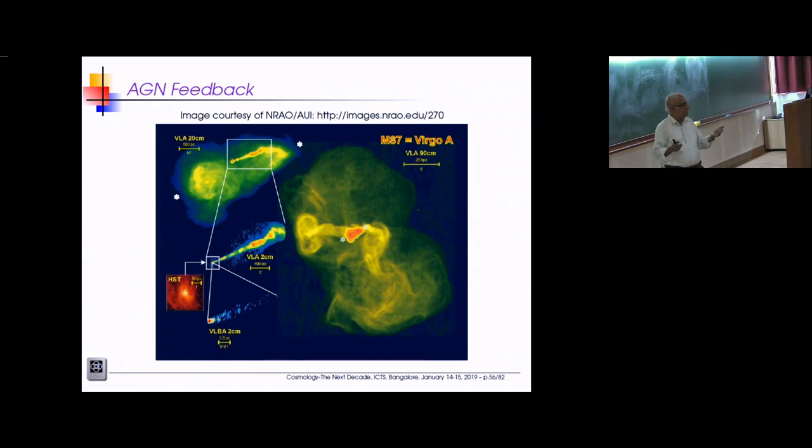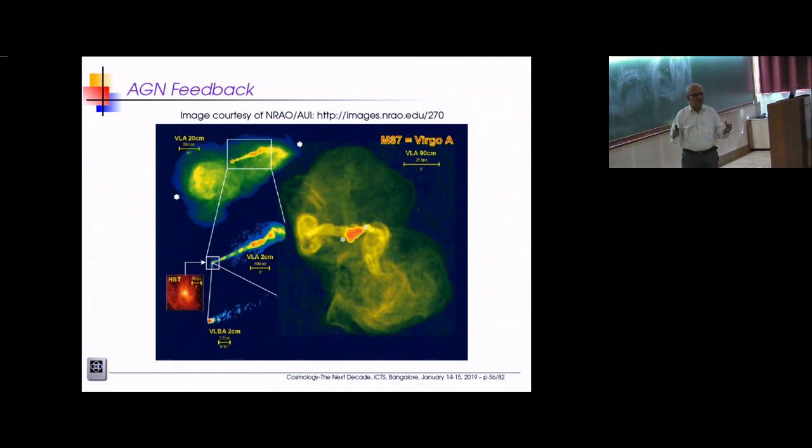So you need to make a seed black hole from some process, then every time it sits there, it keeps on eating stuff, becoming bigger and bigger, until you finally get a 10 to the 8, 10 to the 9 solar mass black hole. We certainly see evidence for it in the local universe.